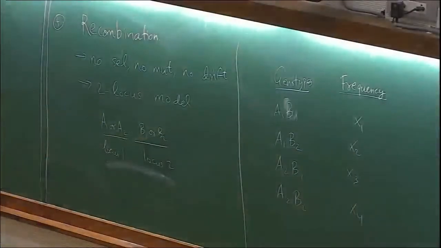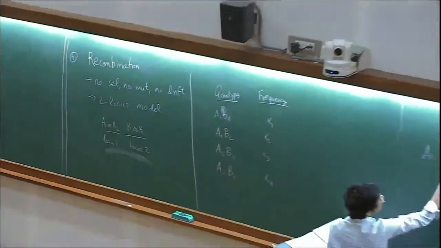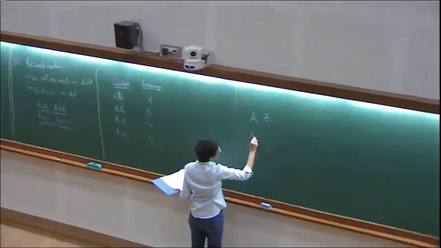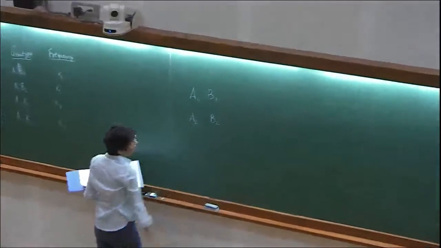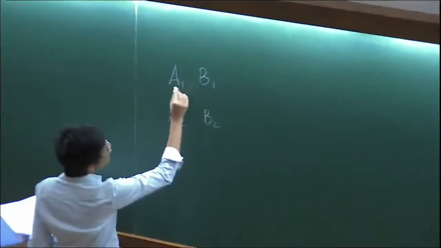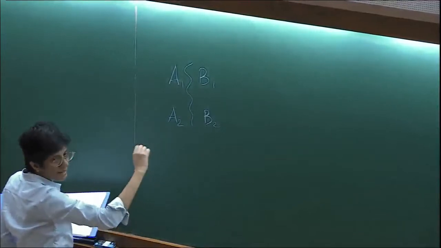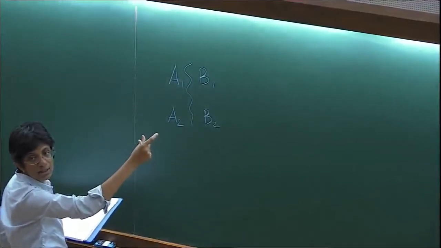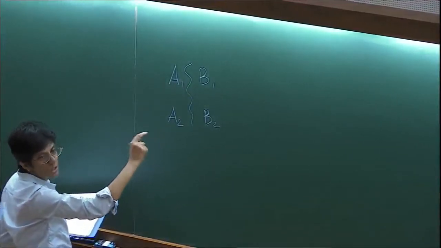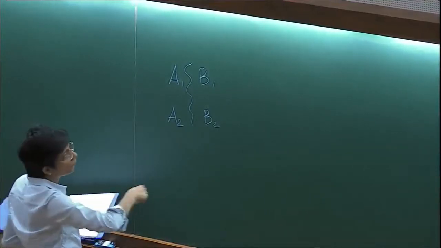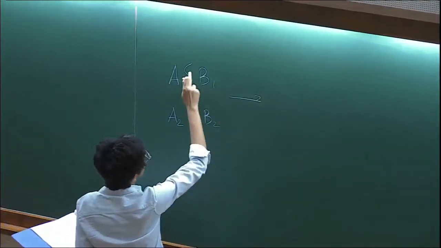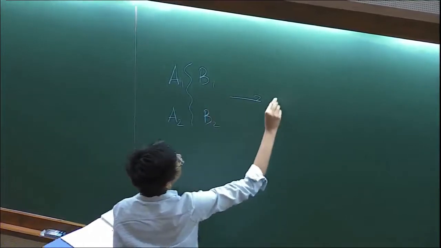Let me explain. If I have these two genotypes, A1 B1 and A2 B2, what could happen is that they could break and then swap the genetic material at that locus. That's what I mean by recombination here. So break and swap.